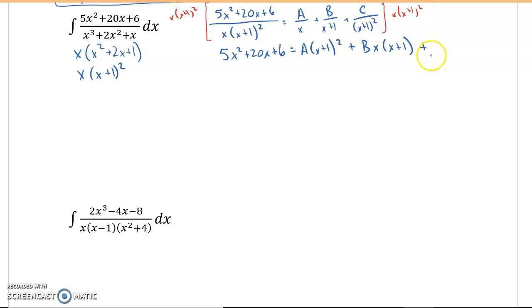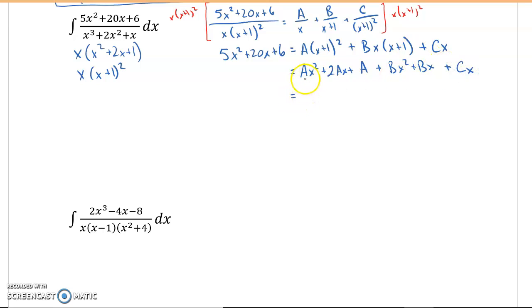And then for C, the x plus 1s cancel out, but the x sticks around. So expanding this out, we get Ax squared plus 2Ax plus A. That's this expanded out. Bx squared plus Bx, that's this expanded out, and this needs no expanding.